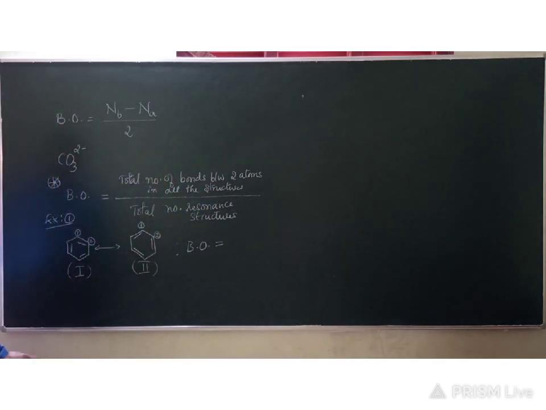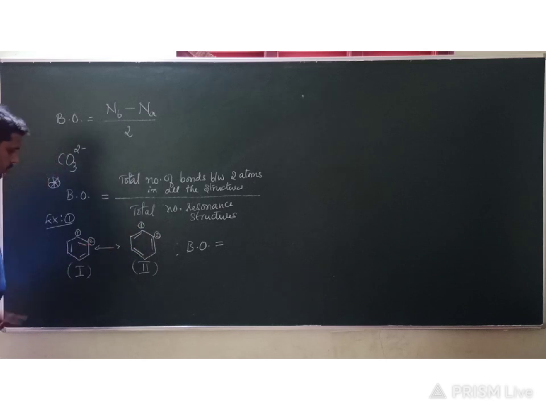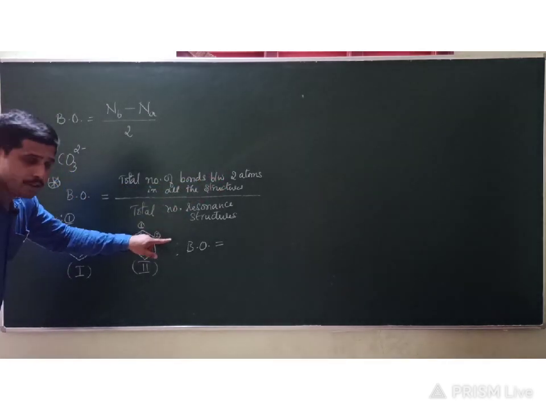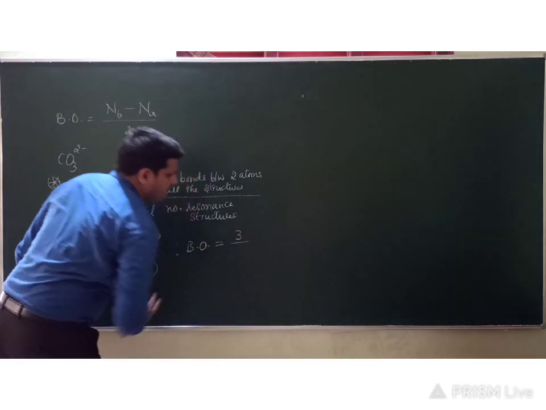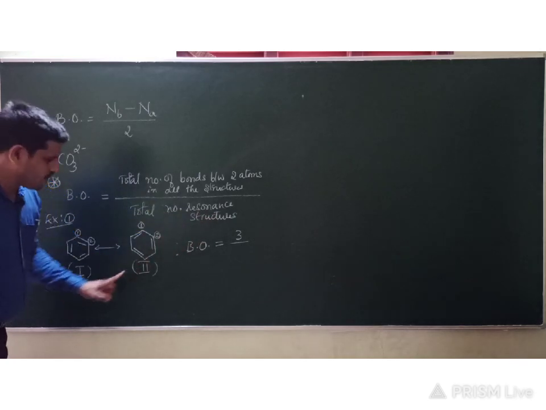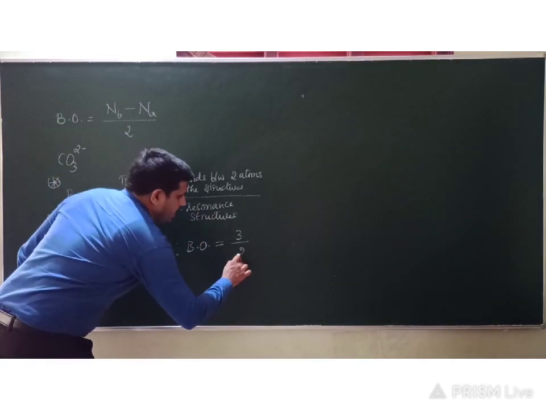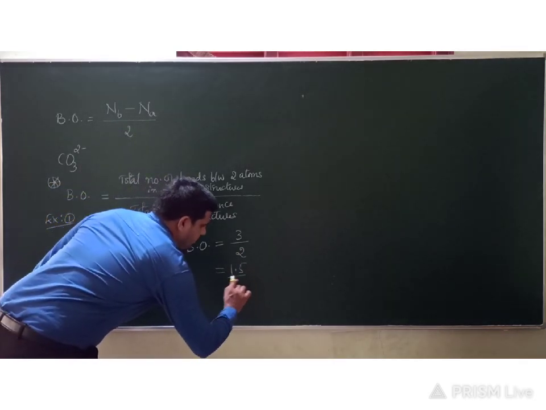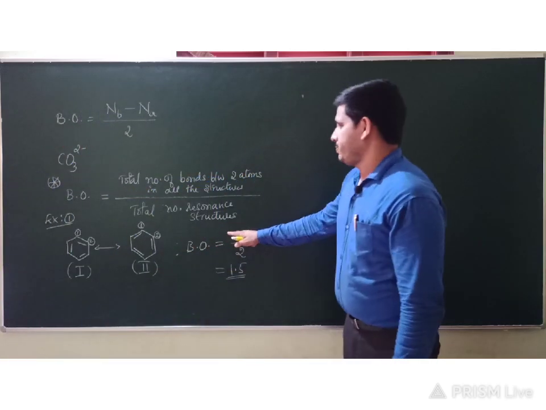So in the next one it is only one bond between 1 and 2. So the total number of bonds present between atoms 1 and 2 in both the structures is 3, divided by the number of resonance structures it is possible to write for benzene, which is 2. So it is 3 by 2, which is nothing but 1.5. So this is the bond order for benzene.